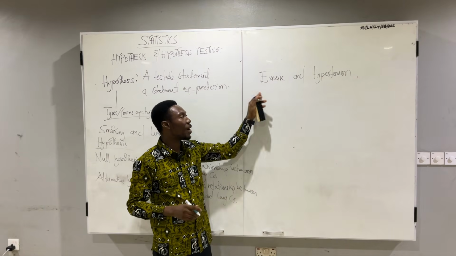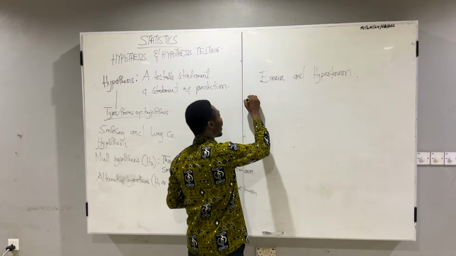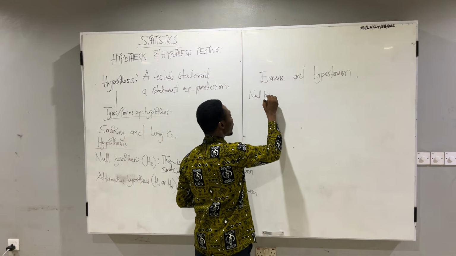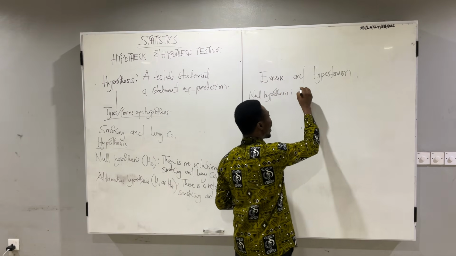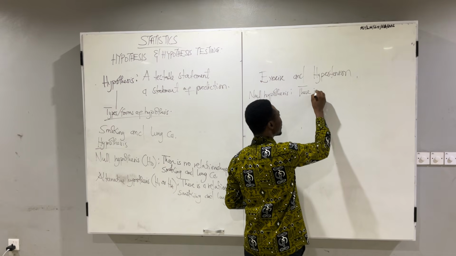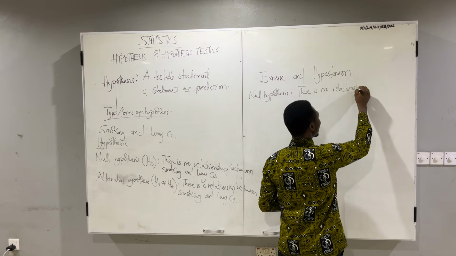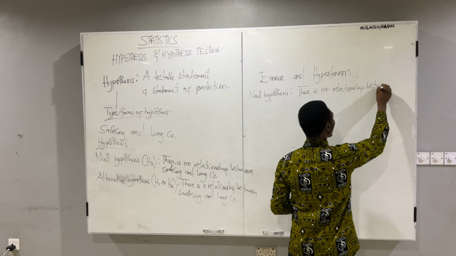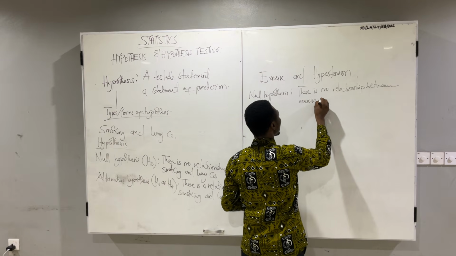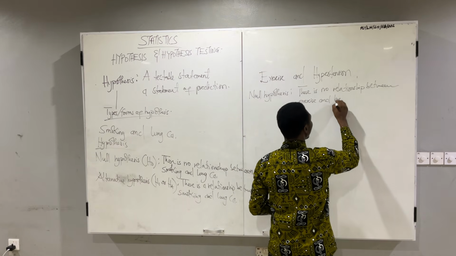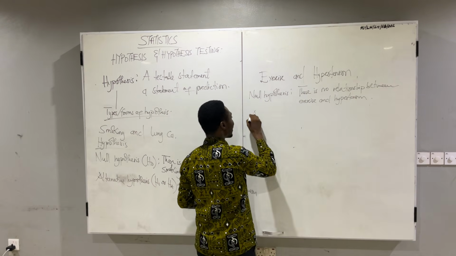If I ask you to write hypothesis using these two variables, you are just going to write the null hypothesis: there is no relationship between exercise and hypertension. Alternative hypothesis.